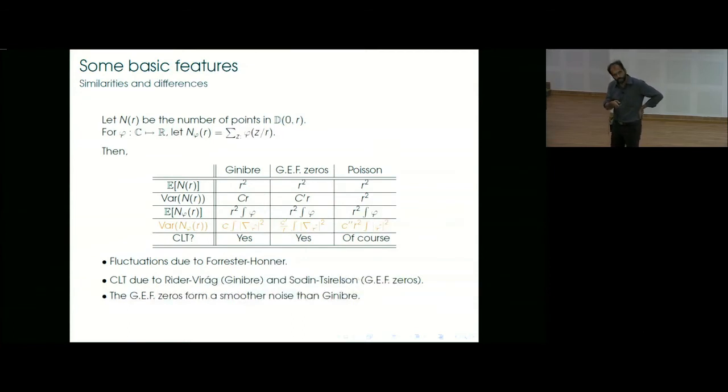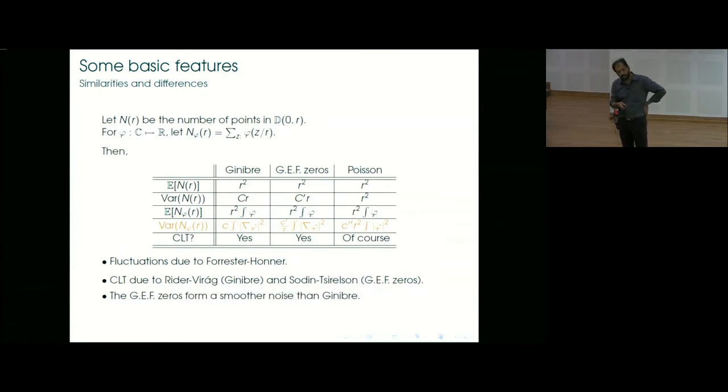But here we are adding a smooth function. I should have written here that it's a compactly supported smooth function, which we scale and then add at the points. In the case of Poisson, the variance will go like r squared times the L2 norm squared of phi. That is an easy calculation for Poisson.